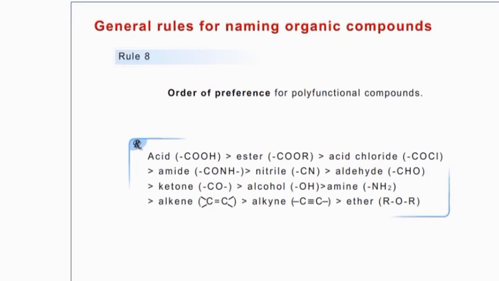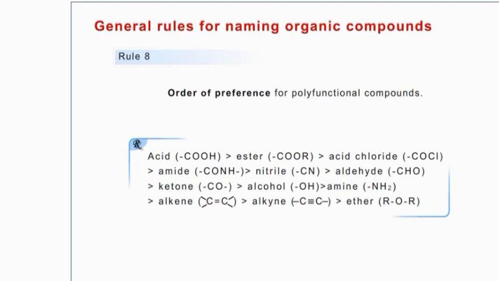As the 8th rule, I wanted to add, in the previous class I asked you to write down all the functional groups, mentioning the term used as prefix and the term used as suffix. There I told you to write down all the functional groups according to their priority order given by IUPAC. So as rule number 8, I wanted to give the order of preference for polyfunctional compounds.